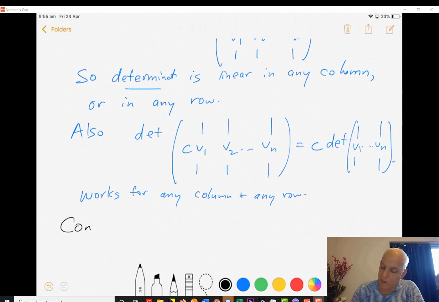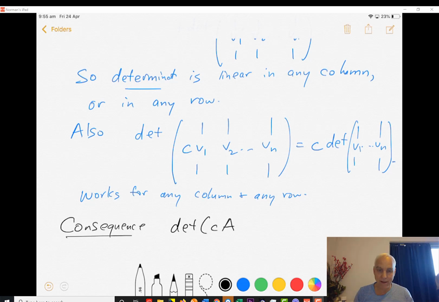A consequence of that, which is actually quite useful, is that if you multiply the entire matrix by C, the determinant of C times the entire matrix, that means you're multiplying the first column by C, the second column by C, the nth column by C. Each one of those individually is going to multiply the determinant by a factor of C. So altogether, you're going to be multiplying the determinant by C to the n.